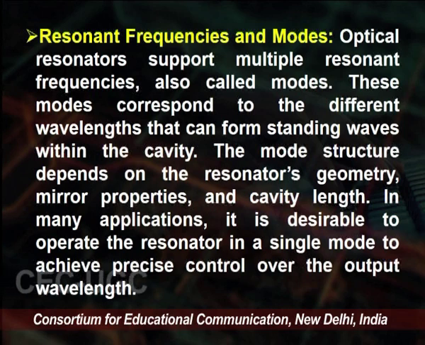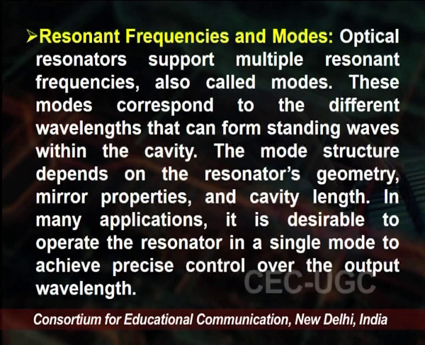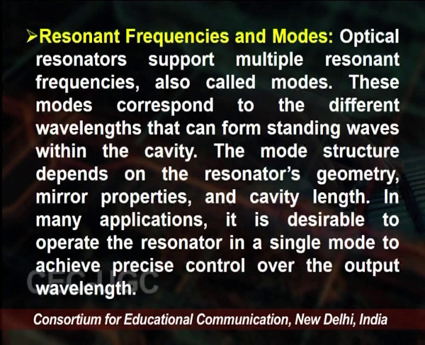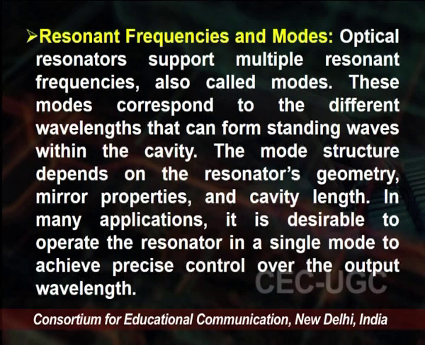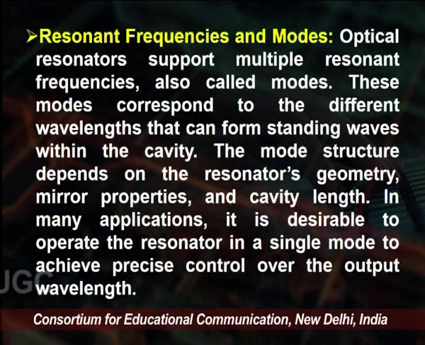Next is the resonant frequency and the modes. This is the most important point in the principle of the optical resonator, because through this resonator we want a resonant frequency in a particular mode. Optical resonators support multiple resonant frequencies, which are called modes.